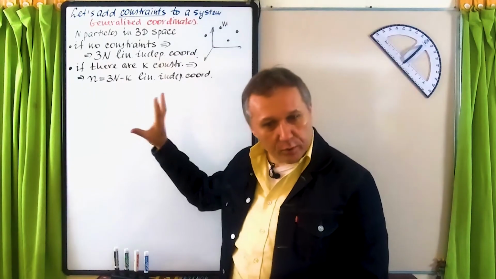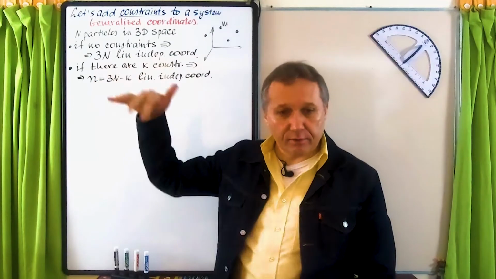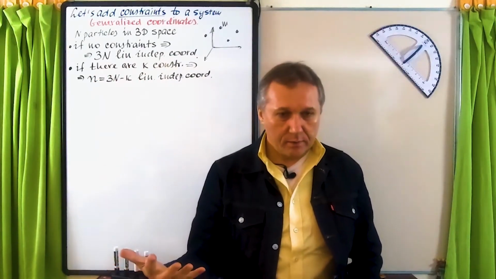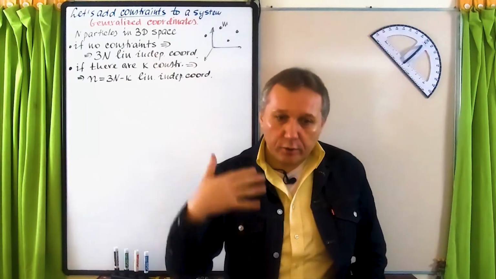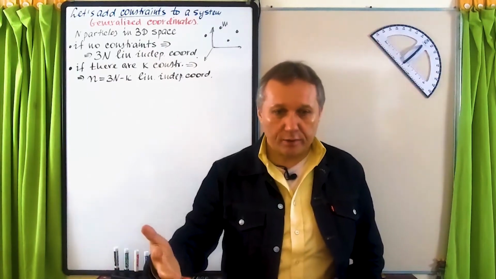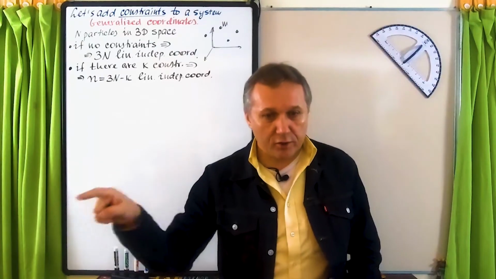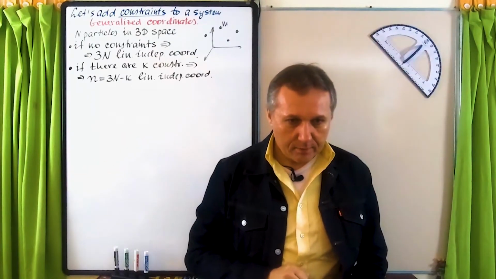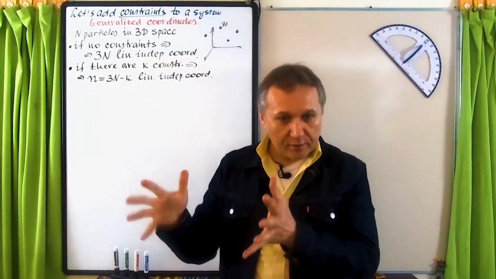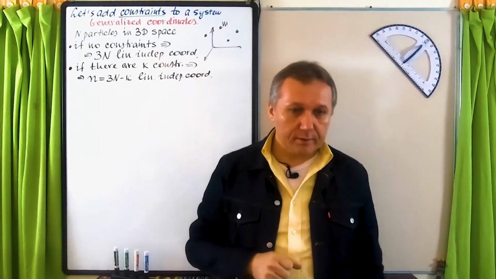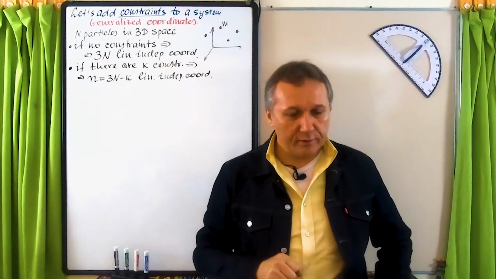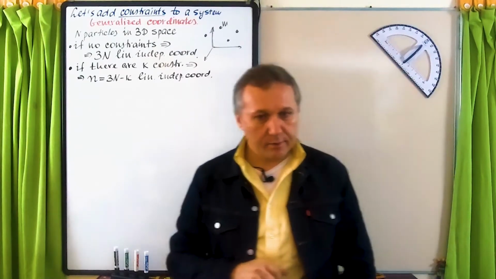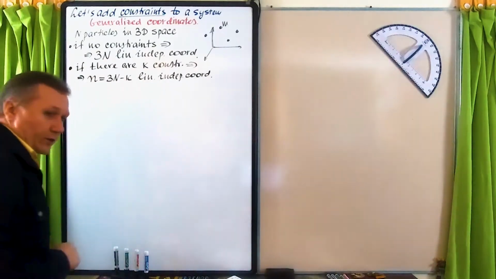If no constraints, you have 3n, but if there are constraints, 3n are going to be linearly dependent, and you need to reduce it to a new set of linearly independent coordinates, and only then can you write Lagrange equations for each of those linearly independent coordinates. That's the definition of generalized coordinates.